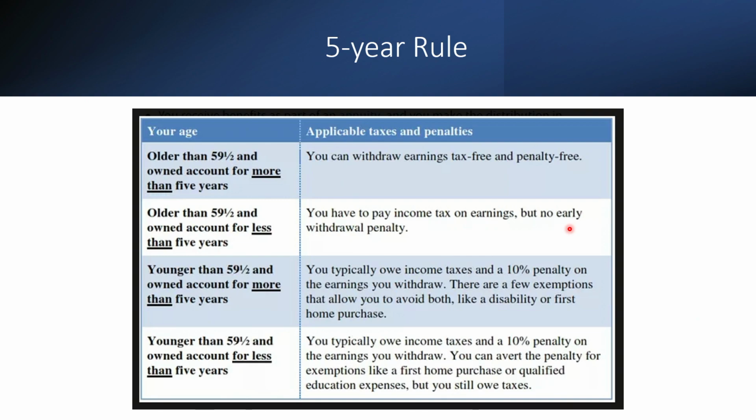Now, most of the time, this is not a big deal because we're trying to get money from other accounts anyway and putting it into a Roth for long-term. That's kind of your last money you would use, but it is a rule that we need to be aware of.